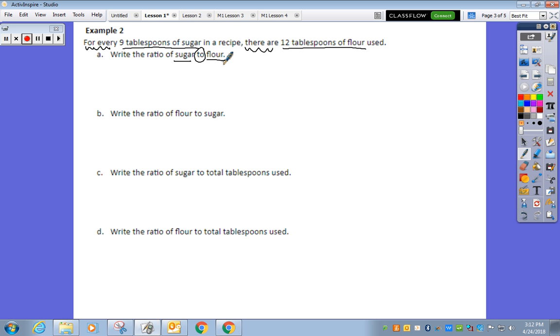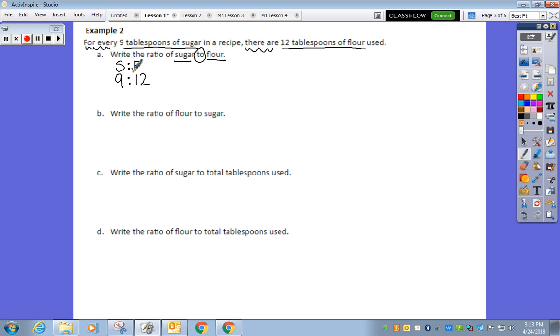Okay, so I'm going to go ahead and write this in the 4 different ways that we've seen. So if we're doing sugar to flour, the number of sugar are 9. The number of flour are 12. That's with the colon. Now, one thing to notice is this ratio is not in simplest form. In order to put a ratio in simplest form, you would want to make sure that the 2 numbers don't have a common factor, so they can't be divided by a common number.